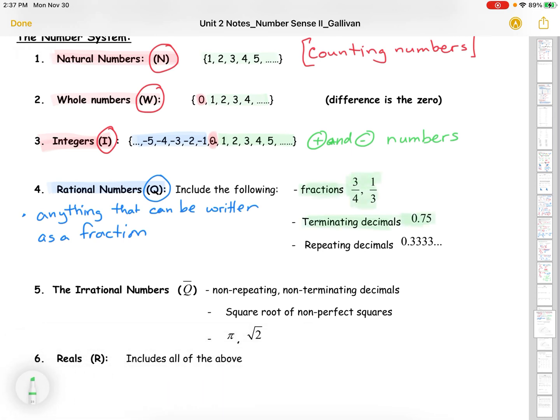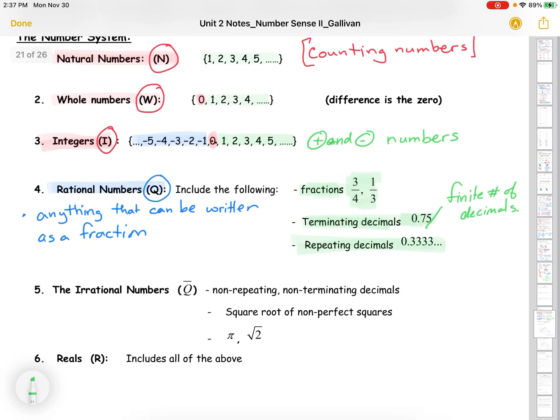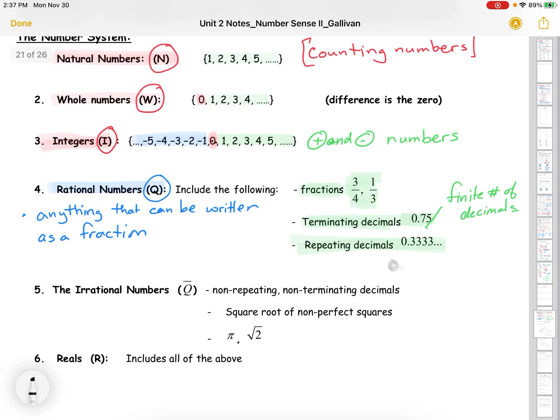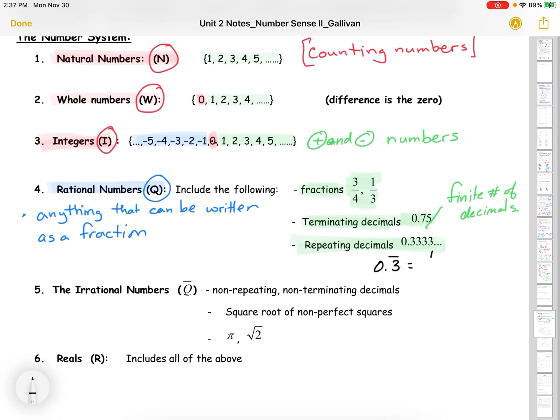Right? Fractions, as well as terminating decimals. Terminating decimal means that they stop, right? So there's a finite number of decimals. And then it also includes repeating decimals, because you can write those as a fraction, because 0.3 repeating is the same as 1/3, okay?